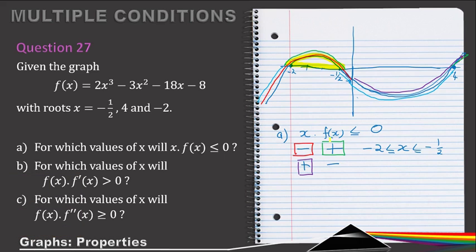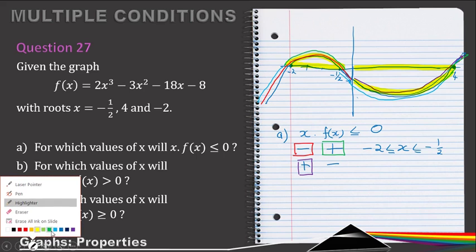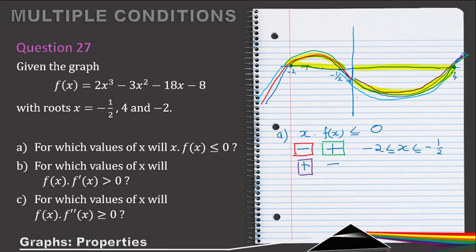The x values are positive and the graph is negative for all of these values. So it's from 0 up until this 4. To write that down, it's 0 less than or equal to x, and x less than or equal to 4. So these are the answers, those two.